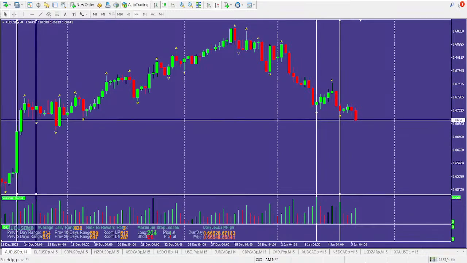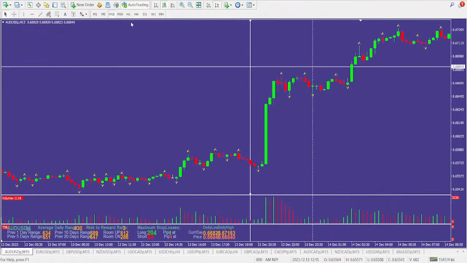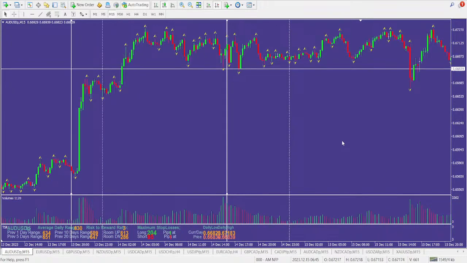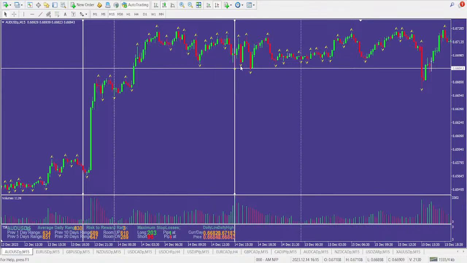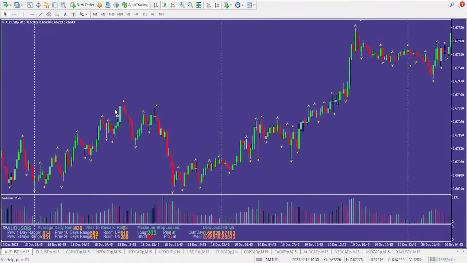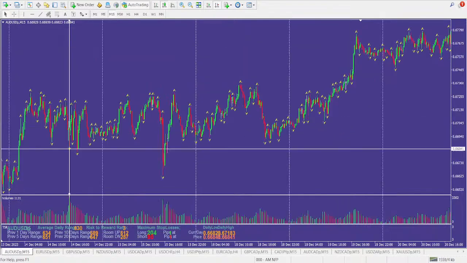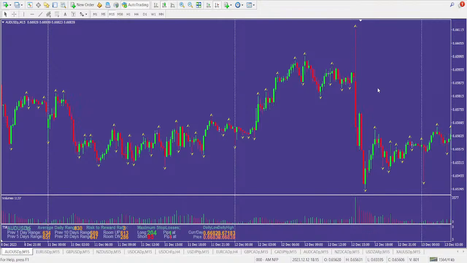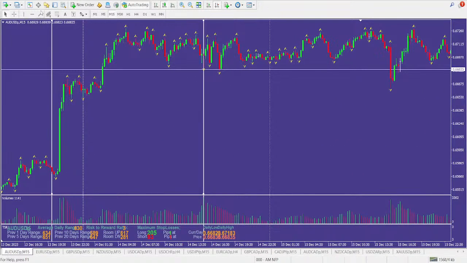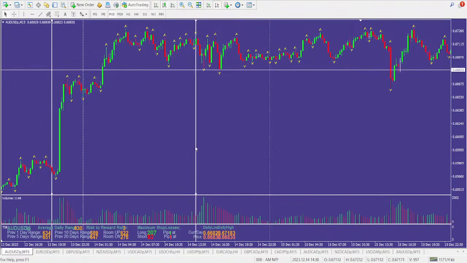Okay, so that's the 4-hour time frame. Let's head over to the 15-minute time frame. Starting with the demand level over here, December 14, we have a level over here.